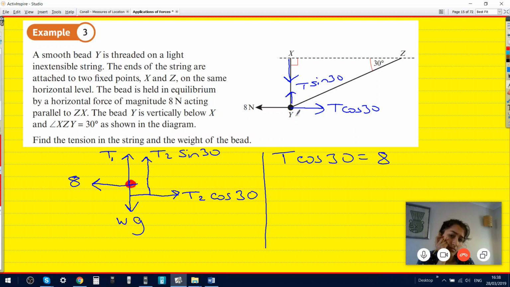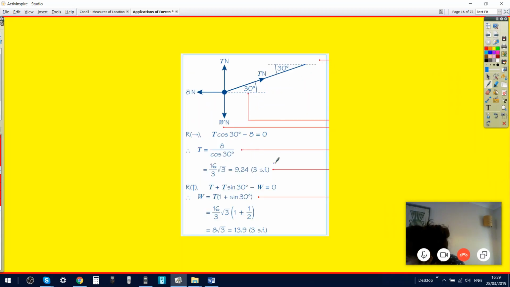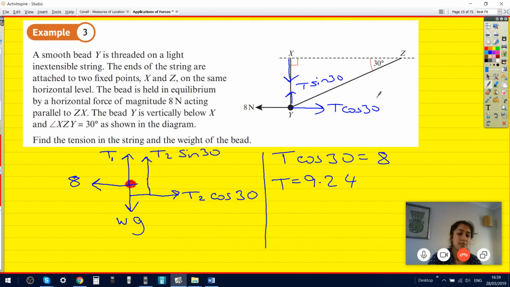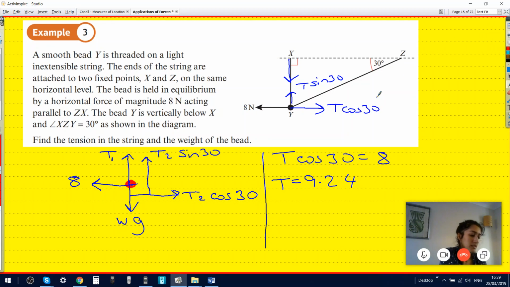So T cos 30 is equal to 8 because this is perpendicular. So T equals 8 divided by cos 30. I got 9.24. Is that the answer? And it's actually just one string, so it's just one tension.